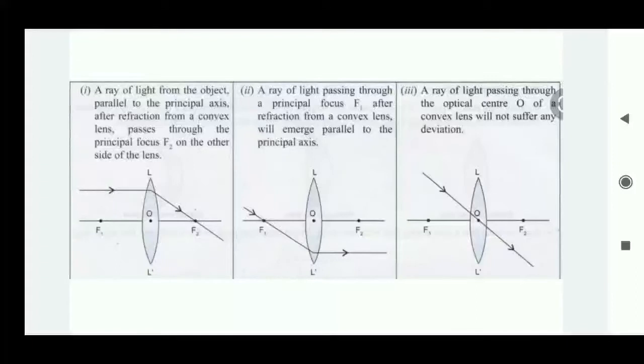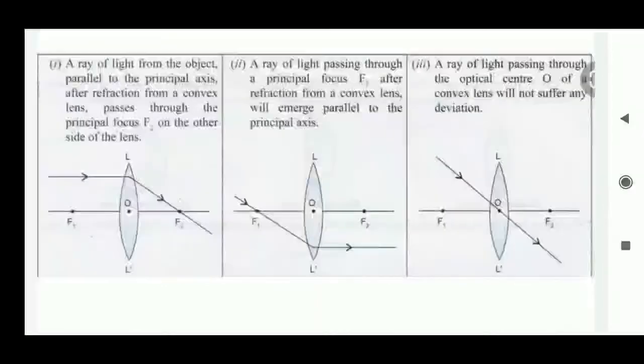Because for lenses we have two focus points. Similarly, a light ray passing through the focus from the left side goes parallel to the principal axis on the right side. And if a light ray goes through the optic center, without any bending or deviation, it goes straight. These are the three important points about a ray diagram.